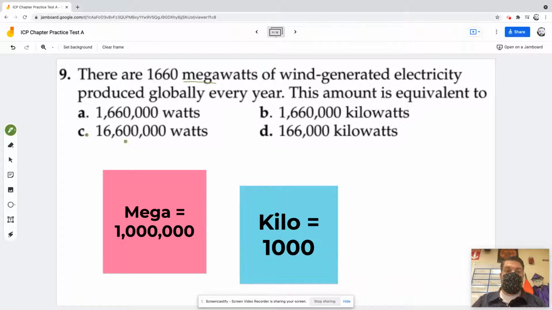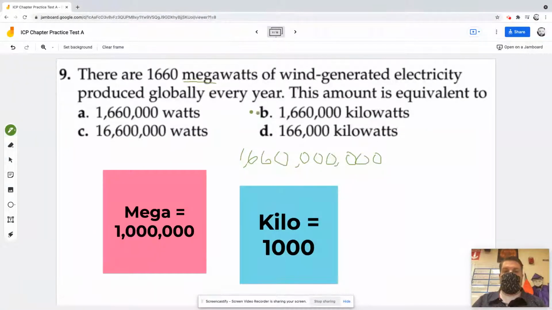Well, the thing that I have to know is that if I say 16, this is mega, so this is 1660, and then I've got to follow it with 6 zeros. 1, 2, 3, 4, 5, 6. So I put a comma here, and a comma here.